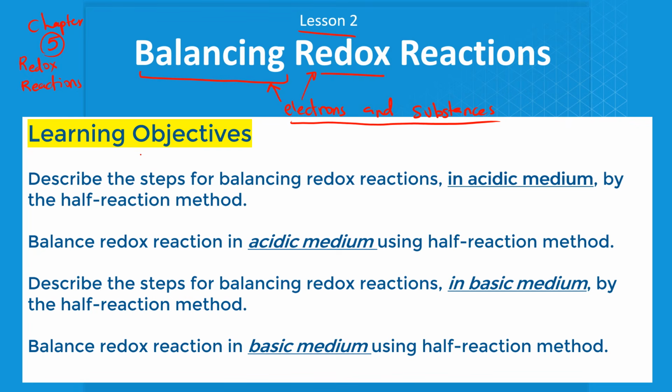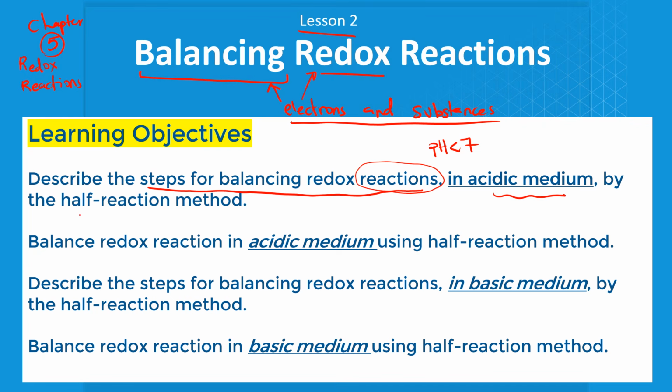All right, so let's go quickly through the learning objectives. We want to learn the steps for balancing a redox reaction in an acidic medium. What does that mean? It means that the reaction happens in an acid where the pH is less than 7, okay?